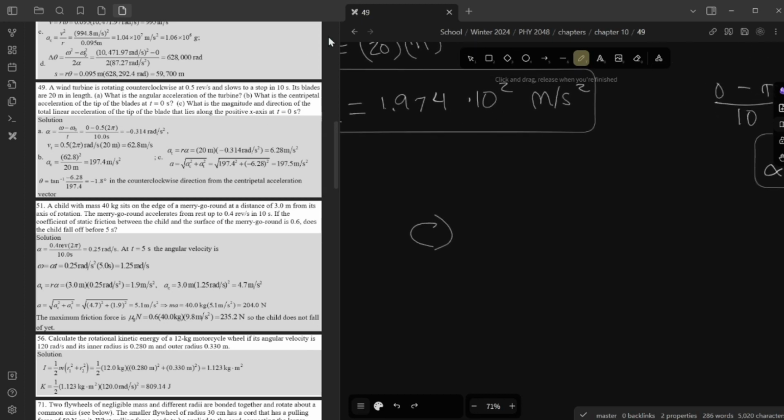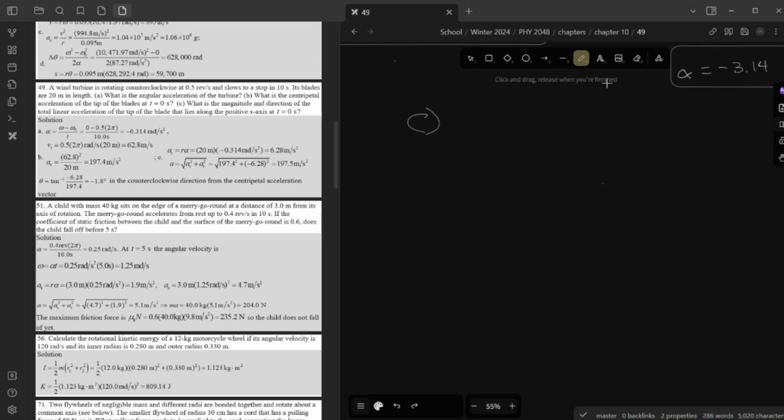And let's see. So part C says, what is the magnitude and direction of the total linear acceleration of the tip of the blade that lies along the positive x-axis at t equals 0? So, okay, after a little bit of pondering, what we need to understand is that a sub t and a sub c represent the x component and the y component of a rotating body.